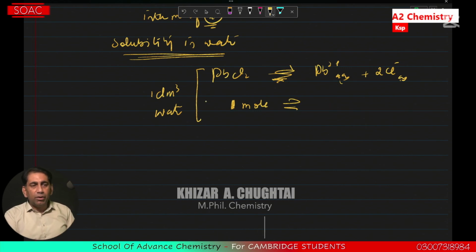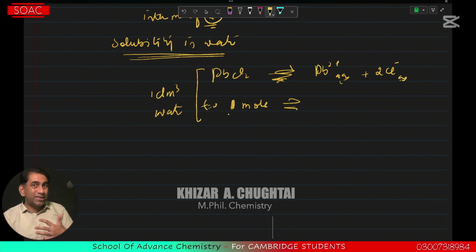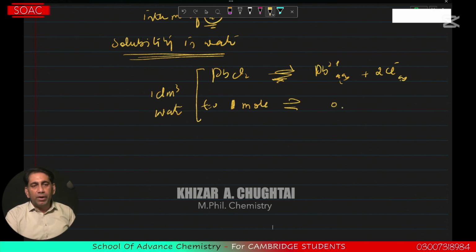Initially, at time t equals 0, it is just going to dissolve. At that moment, there is no concentration of Pb2+ ion and zero concentration of Cl- ion.